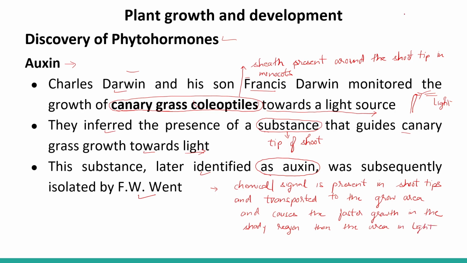So if this was the coleoptile, illuminated with light, at this region in the shade there was more growth. That's why the coleoptile bent like this, towards the light, and there was less growth on the illuminated side. Here, less growth.